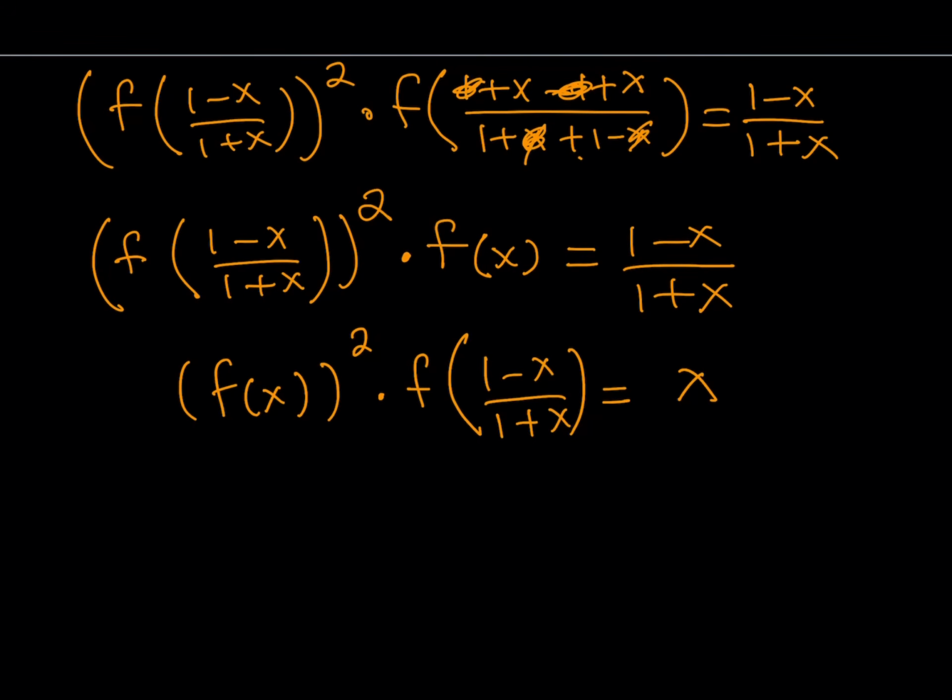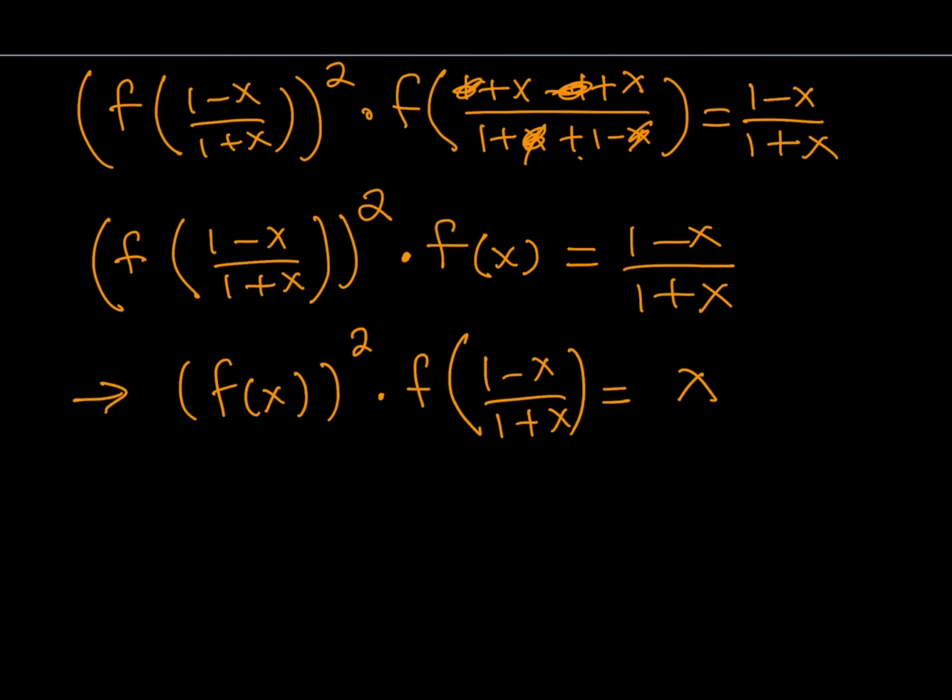So remember, we're trying to solve for f of x. How do we get rid of the other expression that is kind of complicated looking, right? Well, one thing you can do is square the second expression, which happens to be the original problem, by the way. So we can take this and square both sides, and then let's see what we can do about it.